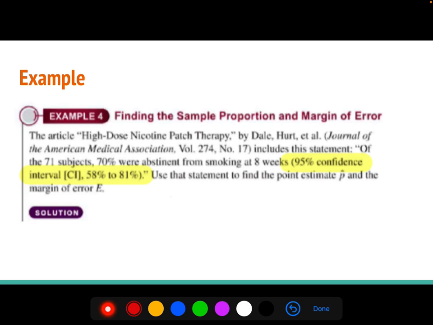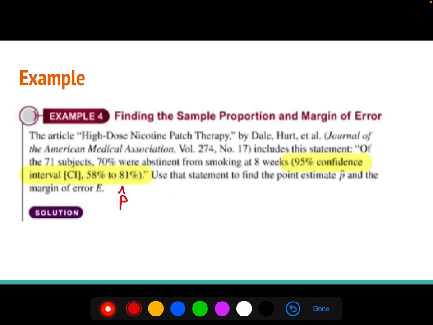Now, how are we going to include this in ours? Let's look at an example. This says, of the 71 subjects, 70% were abstinent from smoking at 8 weeks, with a 95% confidence interval that ranged from 58 to 81%. So use this statement to find the point estimate and the margin of error.